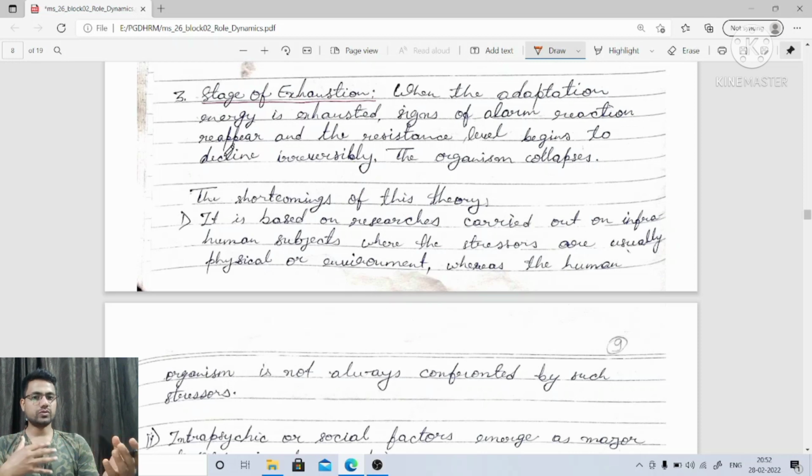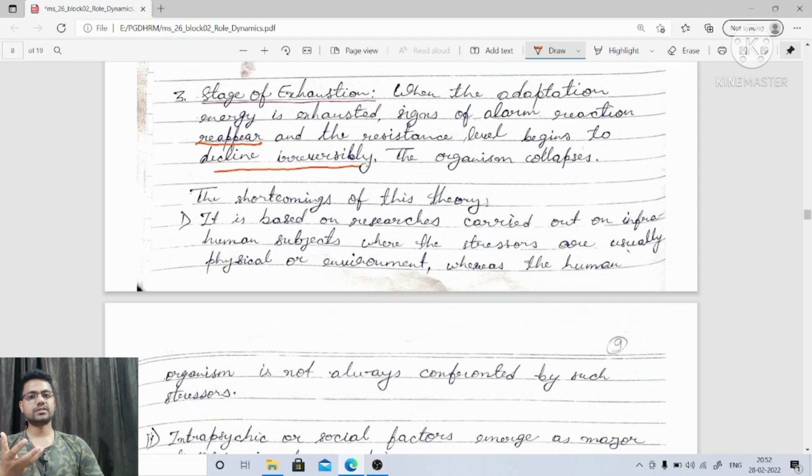All of them are going to reappear in the stage of exhaustion. And the resistance level begins to decline irreversibly.